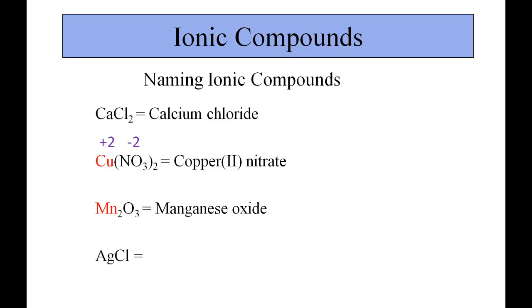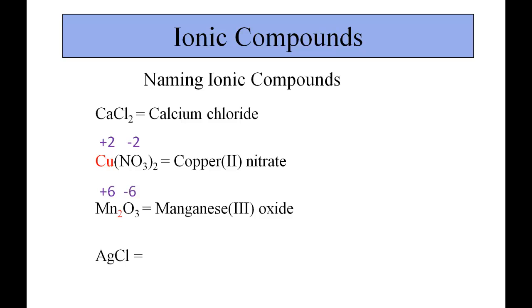Since it has more than one charge, we need to tell its oxidation state. So we look at oxygen. There are 3 oxygens, each having a -2. That gives us a -6 for its anions. Well, in order for it to be a neutral compound, we must have a +6 for its cations. But notice we have 2 manganese that equal that +6. So each manganese must be a +3, so we write out manganese 3 oxide.